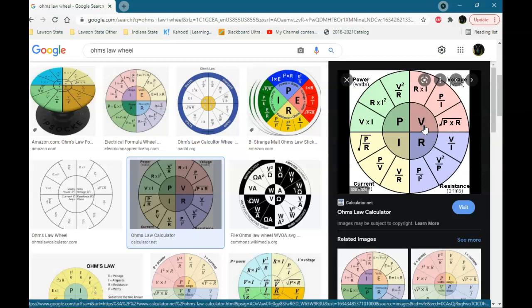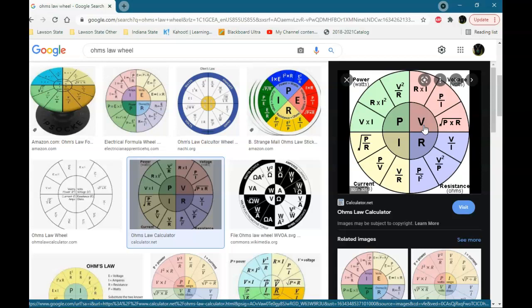Of these, the ones I would actually work to memorize are two elements: finding current and finding voltage. Why? Because if I have current and I have voltage, I can find power or resistance with very little fuss and muss. Does that make sense? If I have either current or voltage, I can find my resistance or my power.